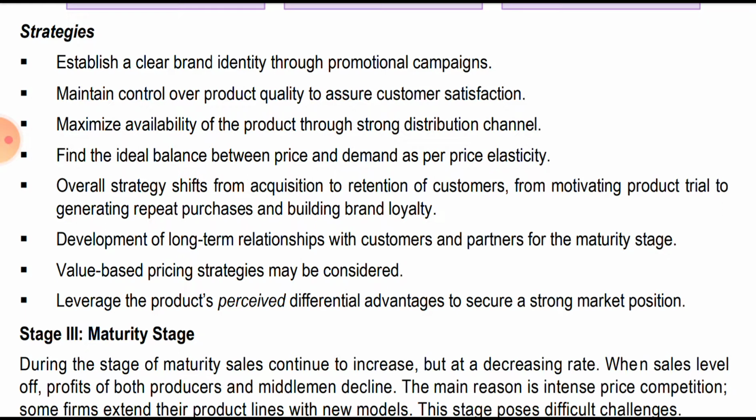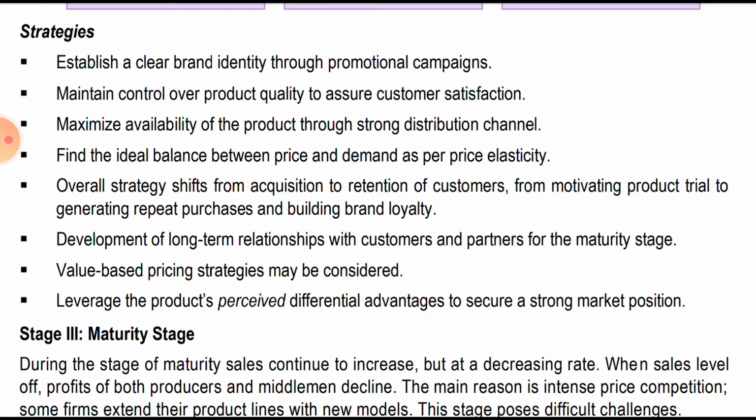Maximize the availability of the product through a strong distribution channel. In the growth stage there will be huge demand, so the company has to engage in many distribution channels. Find the ideal balance between price and demand as per price elasticity.